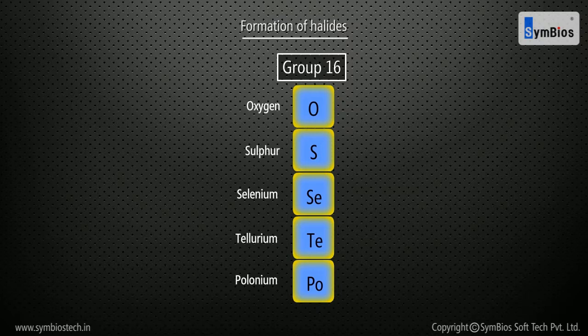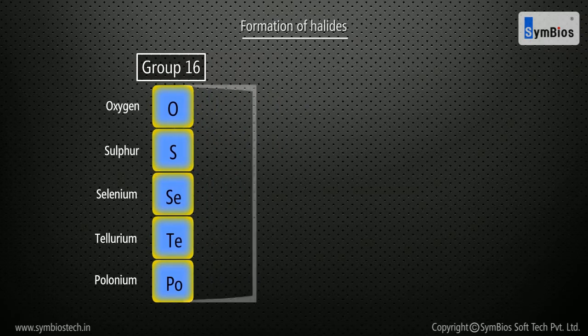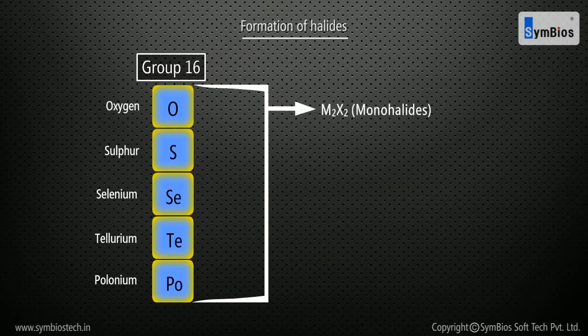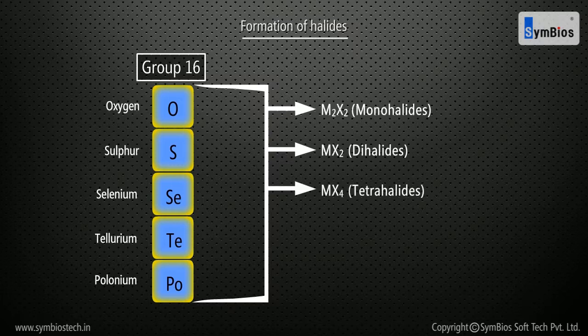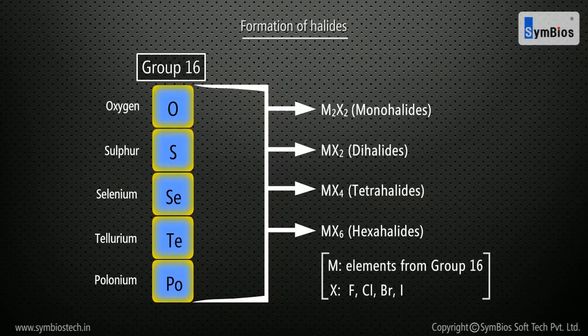Elements of this group form a large number of halides, monohalides of the type M2X2, dihalides of the type MX2, tetrahalides of the type MX4, and hexahalides of the type MX6. M is elements from Group 16 and X is F, Cl, Br.